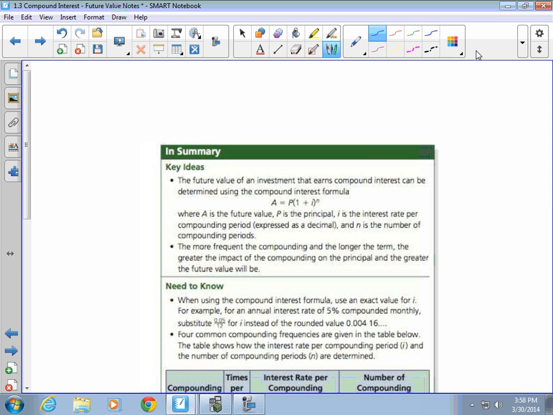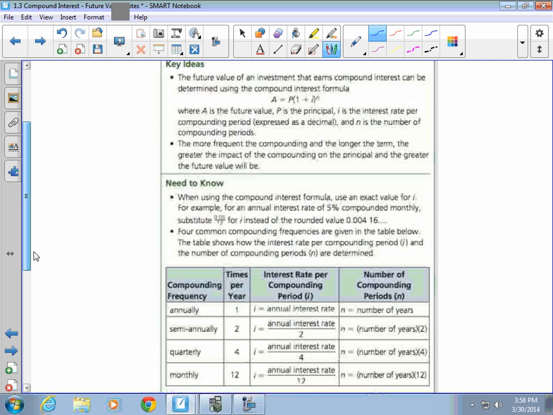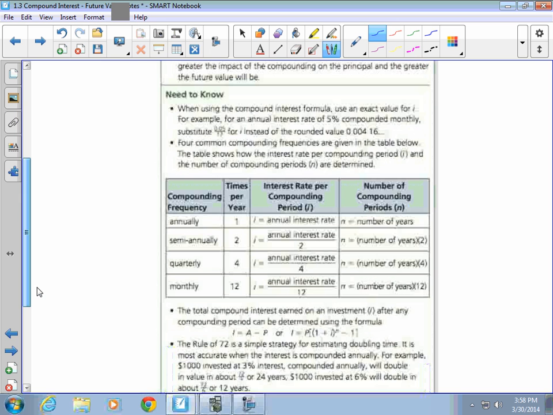A is your future value, P is your principal, i is the interest rate per compound period, expressed as a decimal, and n is the number of compound periods. It says the more frequent the compounding and the longer the term, the greater the impact of compounding the principal and the greater the future value will be. So all it's saying there is the longer you leave something in for and the more periods there are, the more money you're going to have.